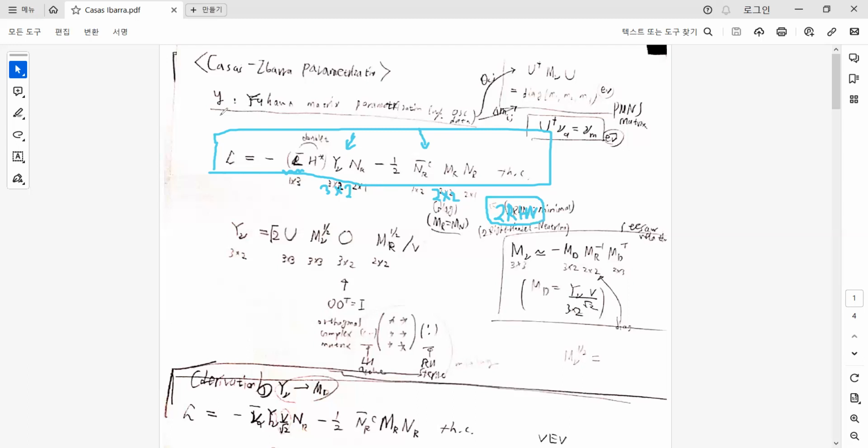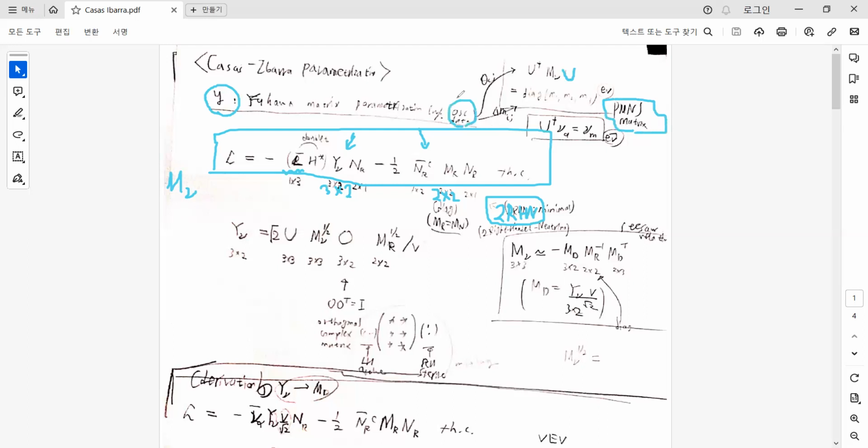And we want to parameterize the Yukawa matrix while satisfying the diagonalization of the active neutrino mass matrix. Such a diagonalization of the neutrino mass is determined by the mixing matrix, the so-called PMNS matrix, which comes from the oscillation data.